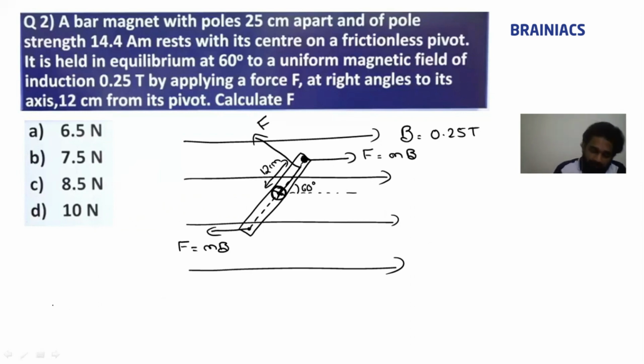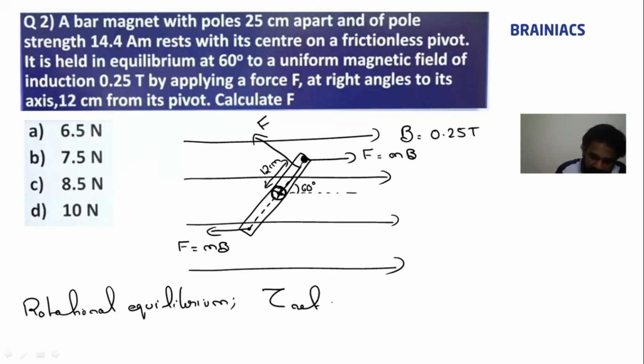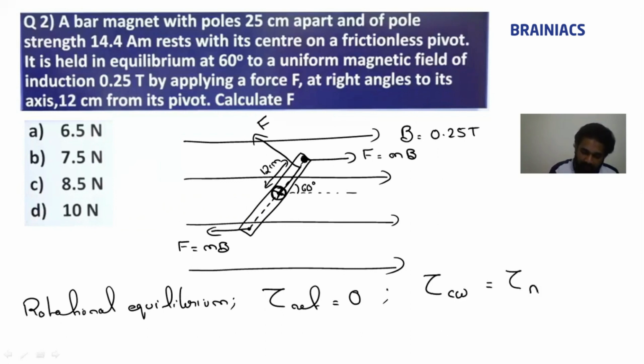It is in equilibrium, so we can say that this is in rotational equilibrium, or we can say tau net is equal to 0. Net torque is equal to 0. So that is nothing but the torque in clockwise direction should be equal to torque in the anti-clockwise direction.